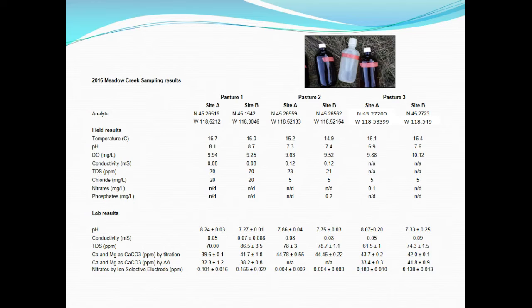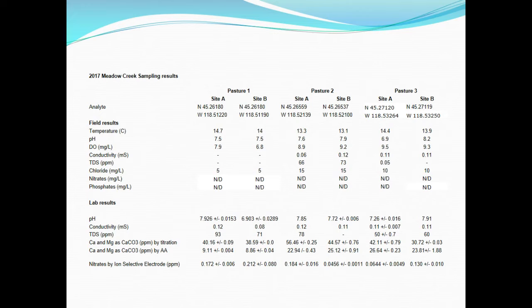So we have only done that for now 2 years, just 2016 and then 2017. Again, this is mostly baseline, because I think that the grazing only started like in the fall of 2017. So this is more baseline data.